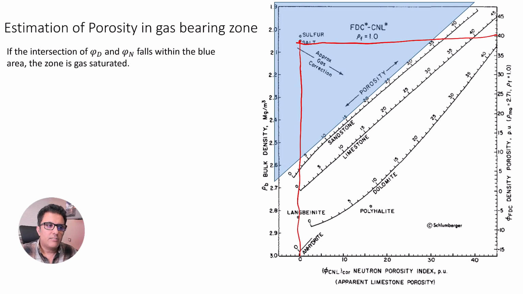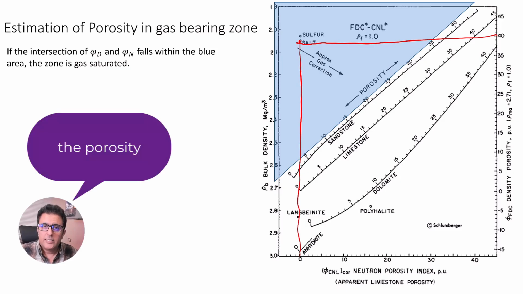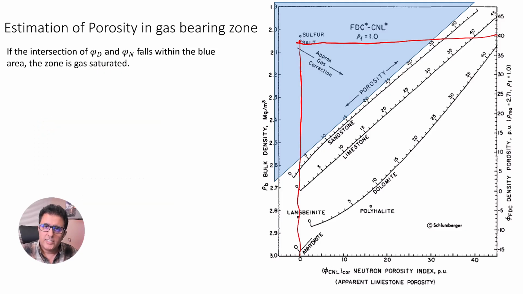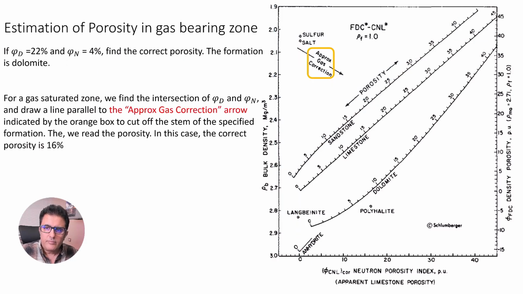Now you may ask me a question: how are we able to estimate the porosity when we have gas saturation? In such a case, definitely we have to have some idea about lithology as well, in order to estimate the correct porosity. How are we able to do that?